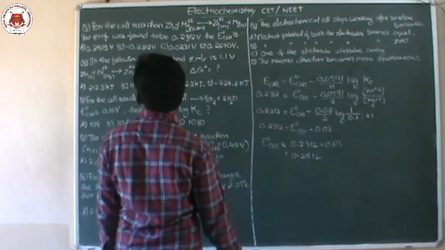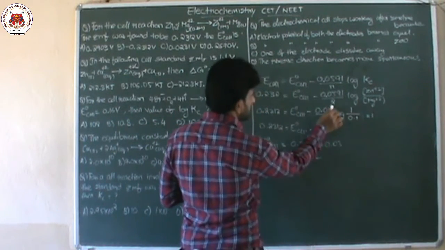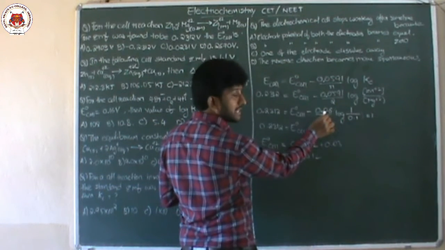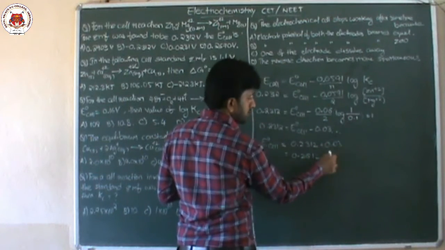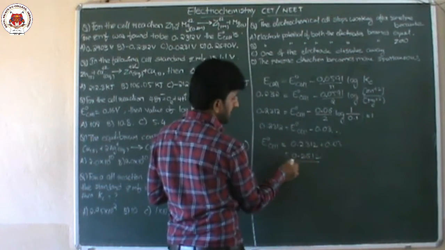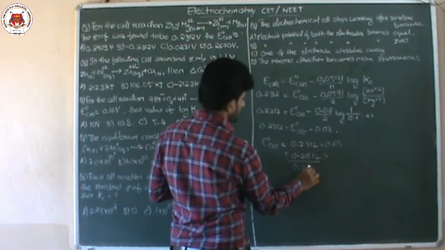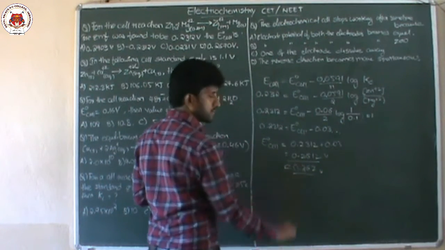Since here I have rounded off, I got 0.03. If you take directly 0.0591, then you will get the extended number. If you take the extended number, then the exact value you will get is 0.26 after that 7 volts or something. Exact value is this one.